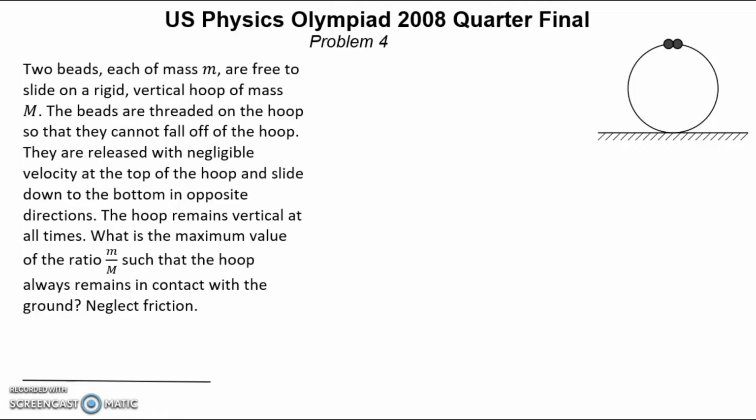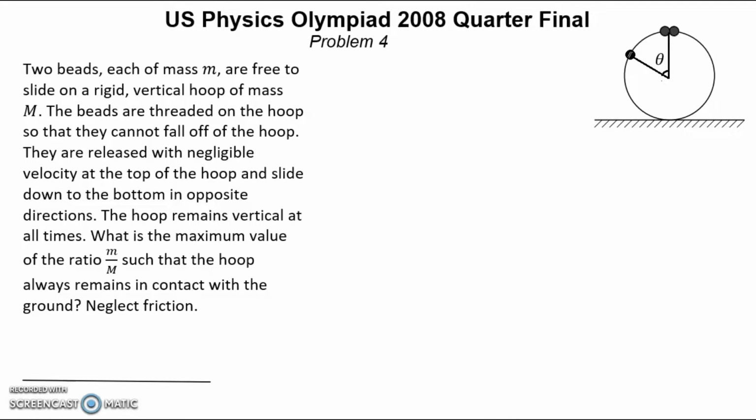Solution. So first we can count what is the acceleration of each bead for any position. Let's do this. Suppose that both beads now reach the angle theta on this picture.